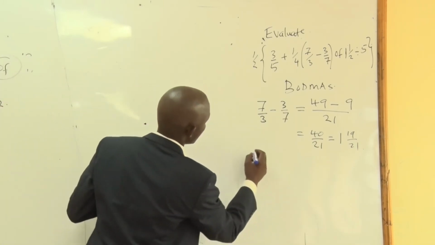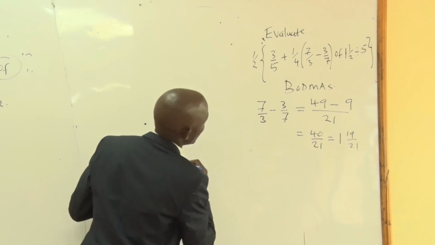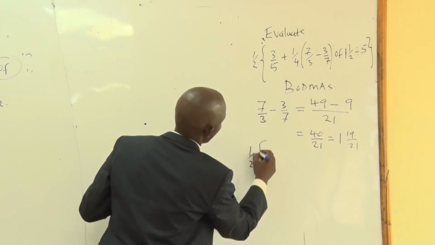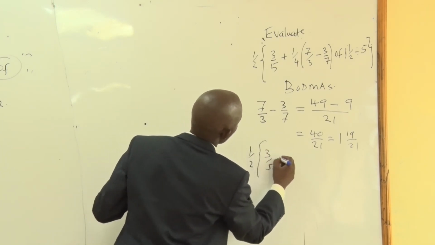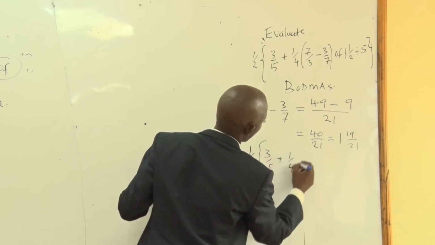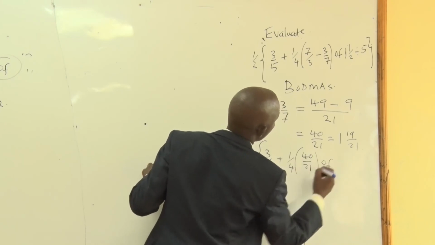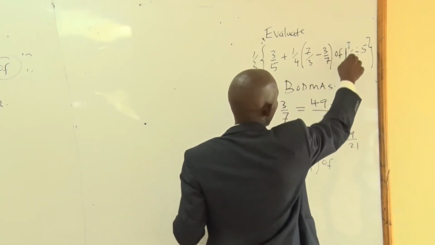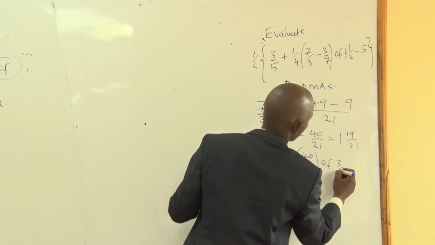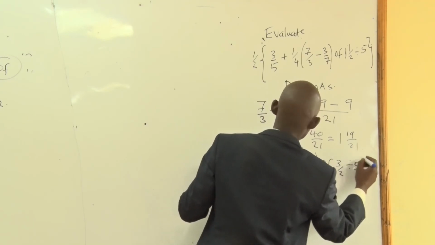After you are done with that, we can now rewrite it as a half into 3 over 5 plus a quarter into 40 over 21 of, remember I can simplify this and write it as 3 over 2 divided by 5.